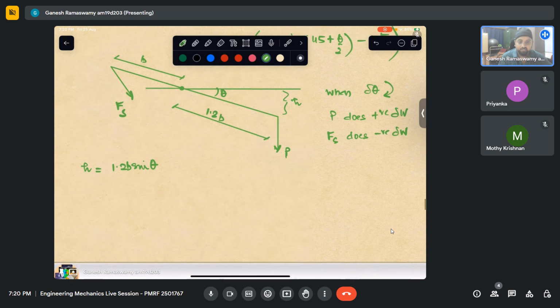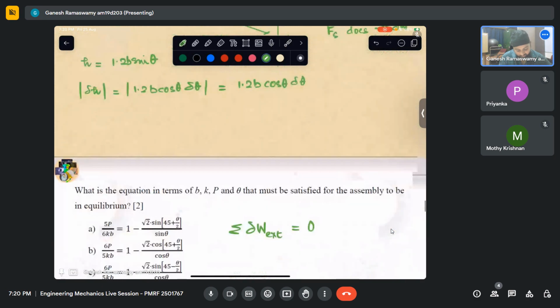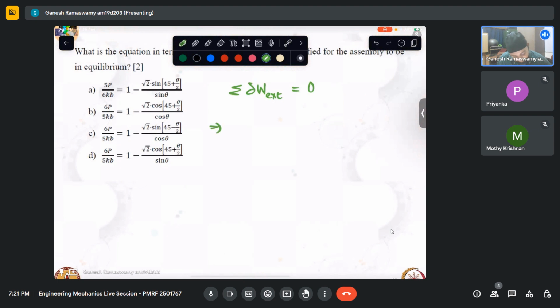So what is delta h? 1.2b cos theta delta theta. And we have said that we will invariably consider the magnitude and then assign the sign based on the physics of the problem, which we have written over here. Although it comes out to be positive, I am still writing it for clarity. Now have I got everything that I need? How do I write this virtual work expression?